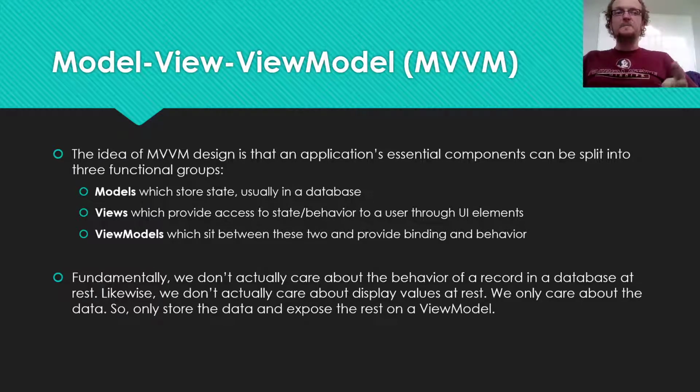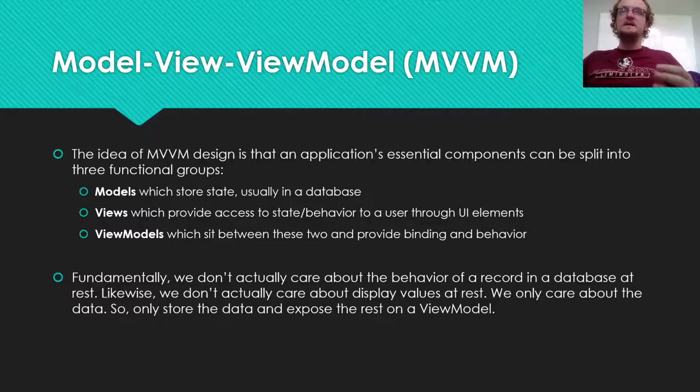What we care about is if you have a bank account, that bank account could have many different facets. And so there could be many view models associated with the bank account model, and there could be many DTOs associated with the bank account model.